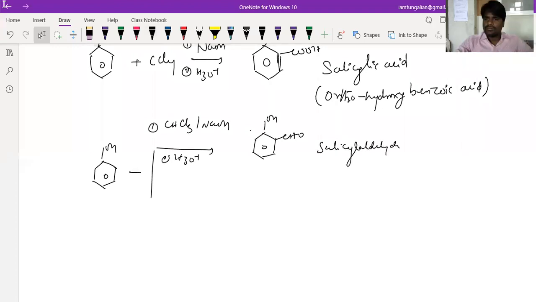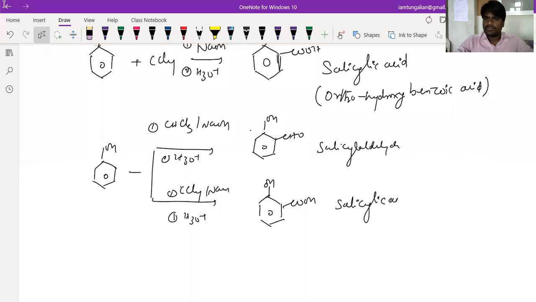Whereas phenol on reaction with carbon tetrachloride in presence of base, followed by hydrolysis, forms salicylic acid.